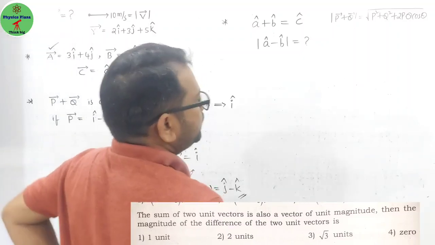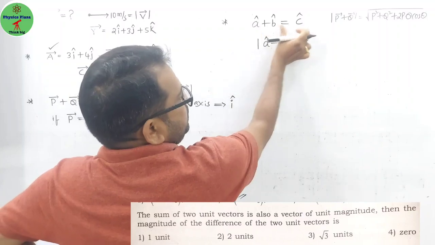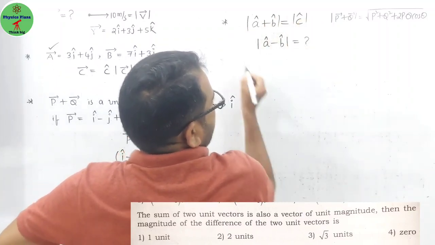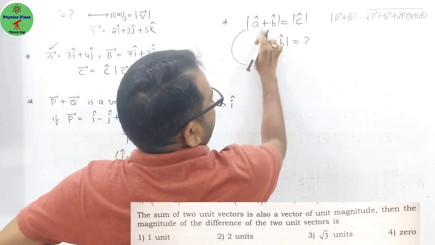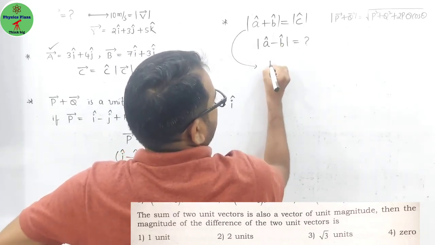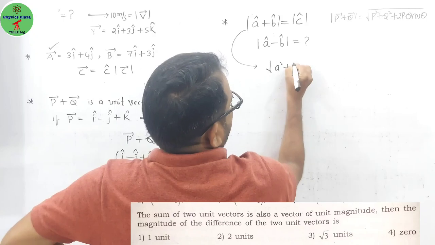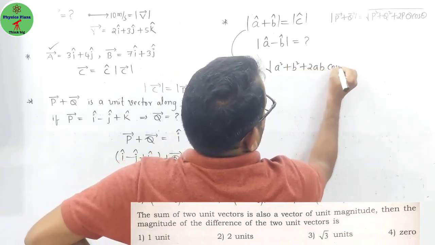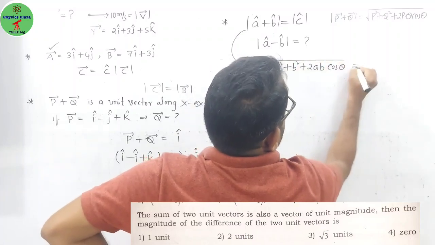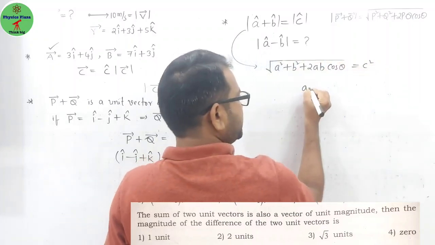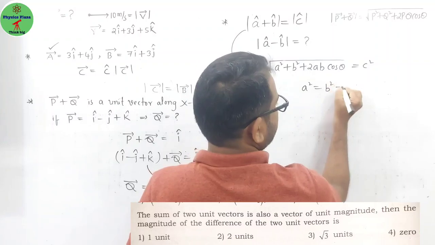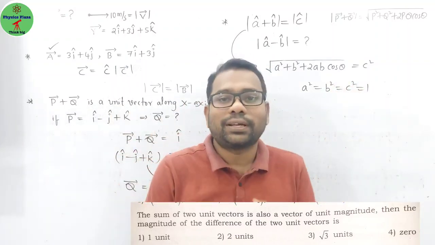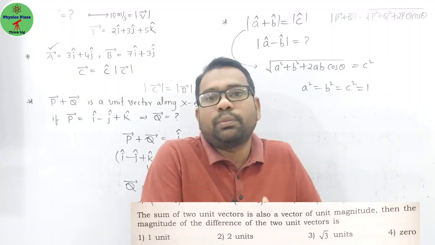Okay, fine. So now children, a cap plus b cap is equal to c cap. Let us take the magnitude, right? So apply this formula here. This becomes a square plus b square plus 2ab cos theta is equal to c square. But children, can I say here a square is equal to b square is equal to c square is equal to 1? Why? Because they are unit vectors. Their magnitude is equal to 1. 1 square will be 1 only.